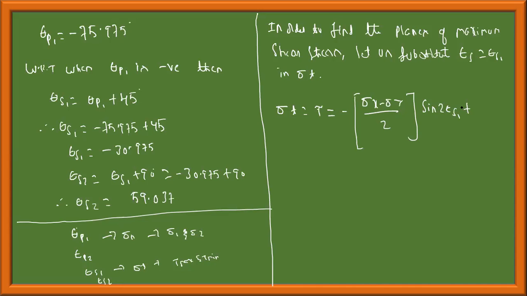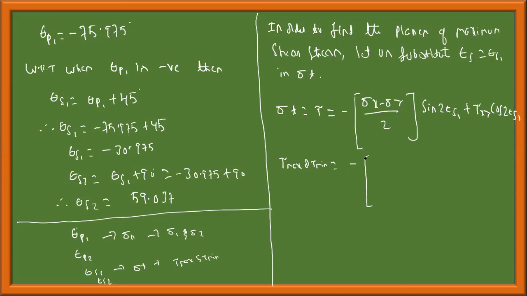You can substitute s2 also; only the sign will change, the magnitude remains the same. This gives tau max or tau min.